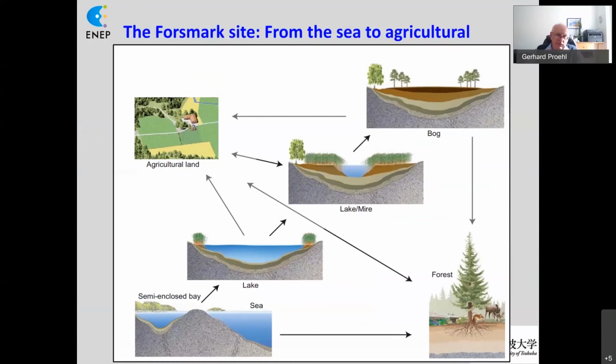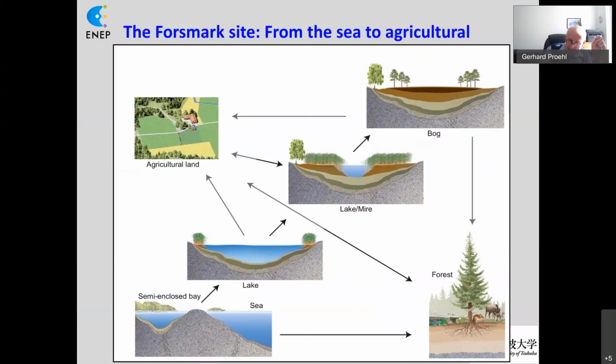Again, you see the development of the landscape. You have the sea. If you start in the left lower corner, the sea may develop, when the land is rising, to a semi-enclosed bay, to a lake, to a mire, or to a peat bog with organic soils, and to agricultural land and forests.